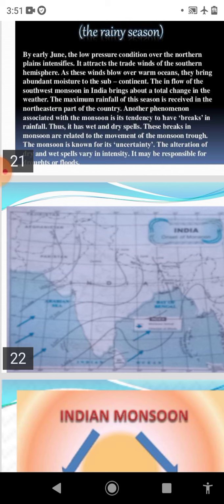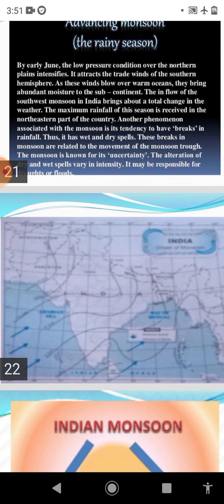These breaks in monsoons are related to the movement of the monsoon trough. For various reasons, the trough and its axis keep on moving northward or southwards, which determines the regional distribution of rainfall.